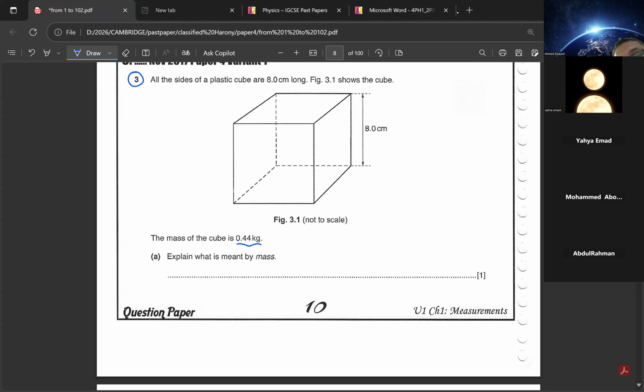Explain what is meant by mass. The amount of matter. Yes, in the object at rest, right? Relative to the observer. Okay, next.